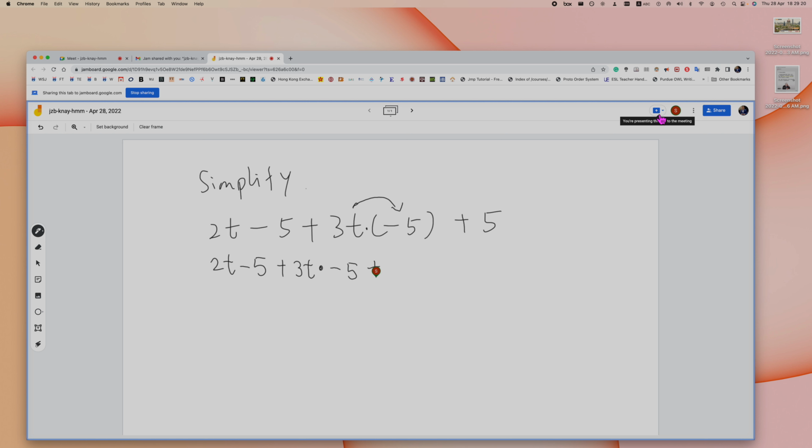Open the bracket first. So you continue first. Yeah. You try to do it on the right hand side.